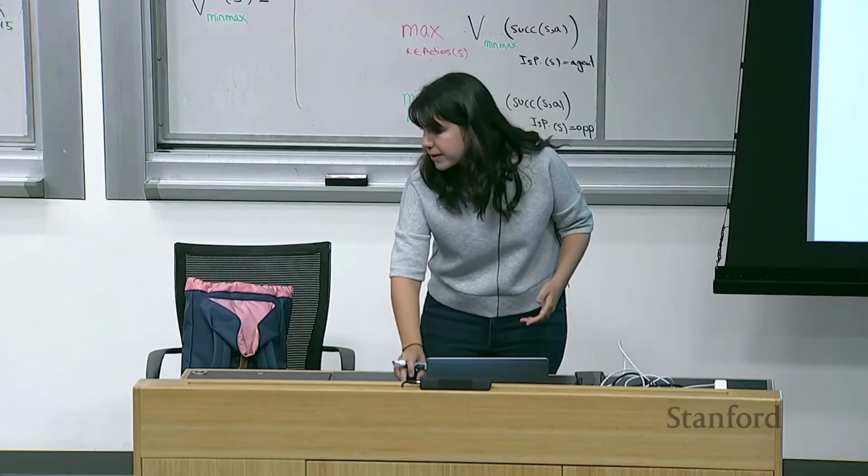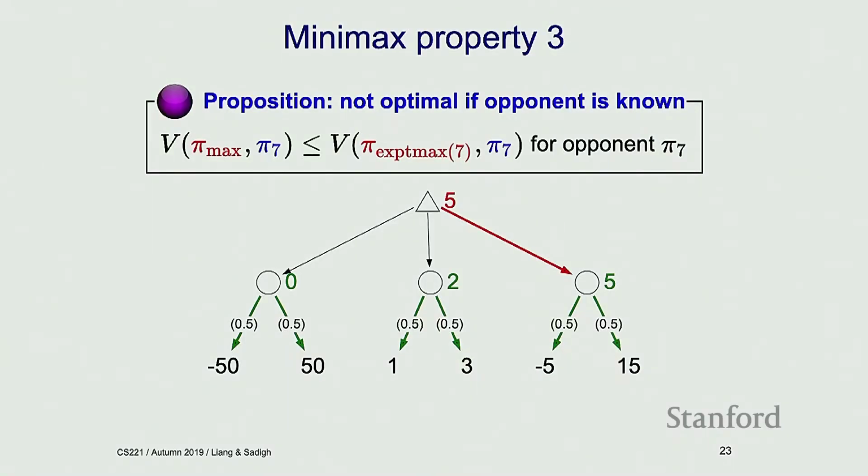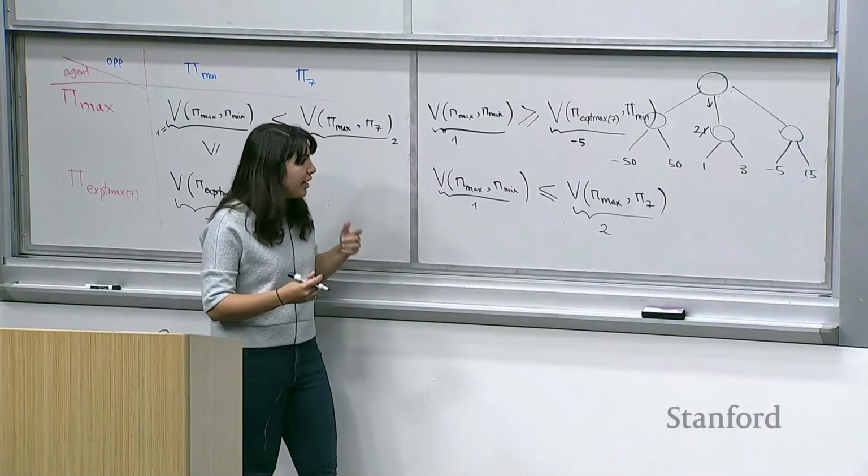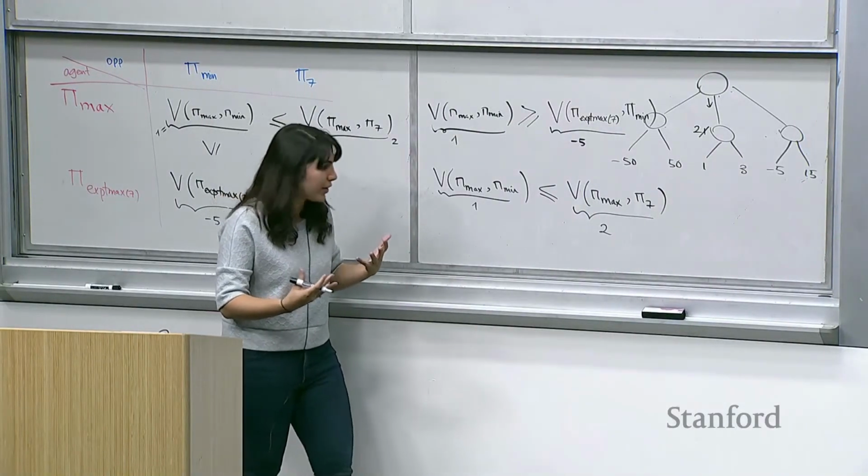And I'm going to talk about one more property. This last property basically says, and it goes back to your question, if you know something about your opponent, then you shouldn't do the minimax policy. You should do the thing that has some knowledge of what your opponent does.